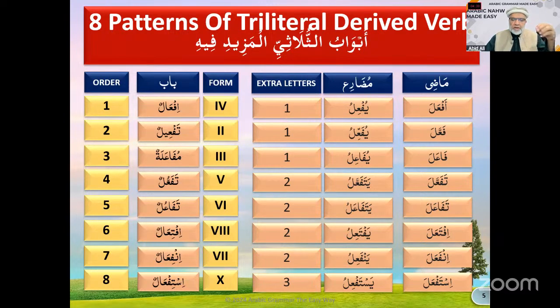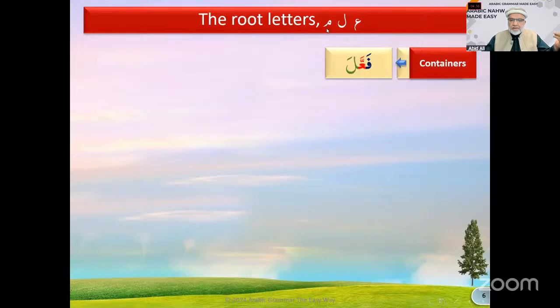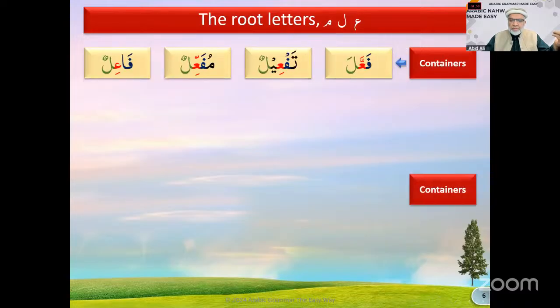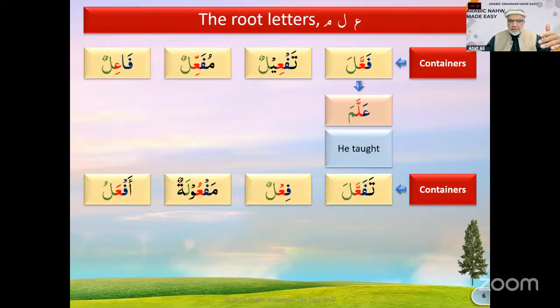We remind ourselves that what is the purpose of learning these extra patterns, because they play a big role in creating vocabulary and more meaning and more words. So if you have the root letters Ain, Lam, and Mim, and these are your patterns, on these patterns, the same 3 root letters can make a lot of words. So look at this one. Fa'ala will become allama, and that means he taught.